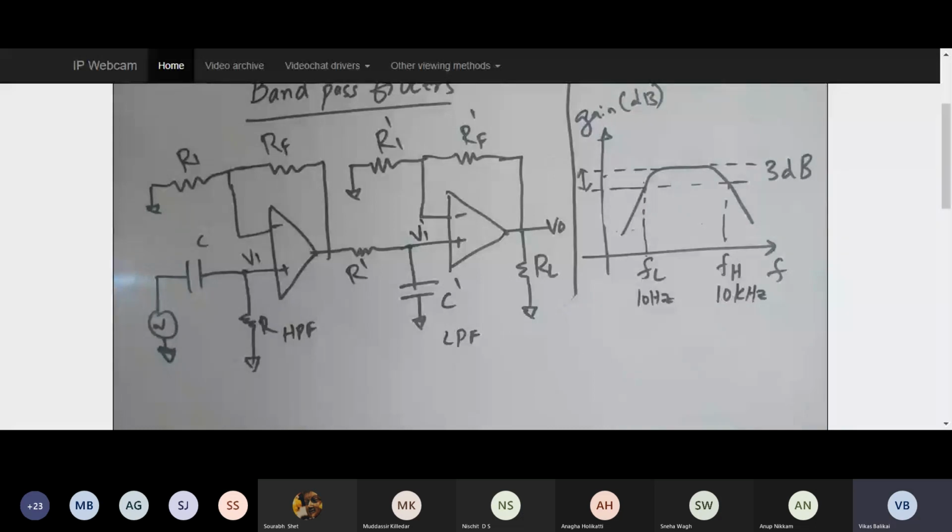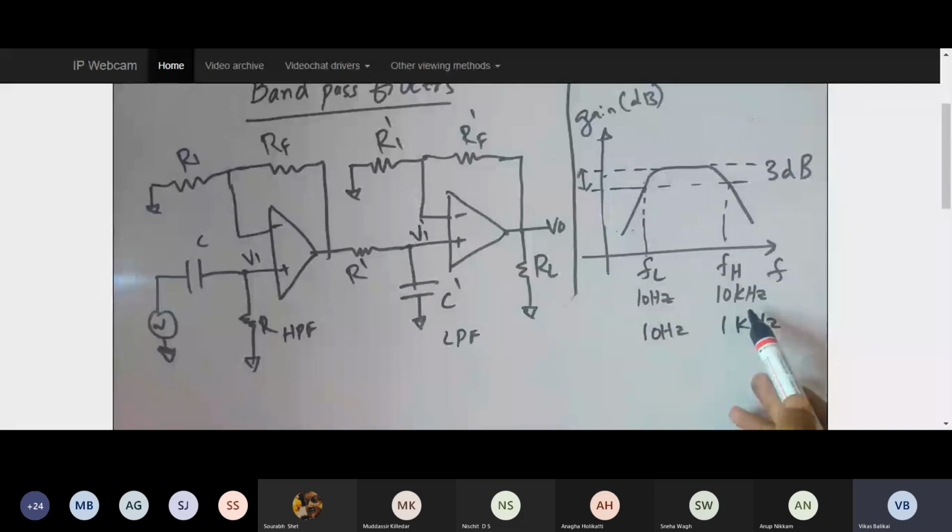Now what if I consider FL as 10 hertz and FH as 1 kilohertz? Then the band has become narrow, right? Because the upper cutoff frequency is 1 kilohertz and the lower cutoff frequency is 10. So what is the bandwidth now, between 10 hertz and 1 kilohertz, right? Earlier it was 10 hertz and 10 kilohertz.